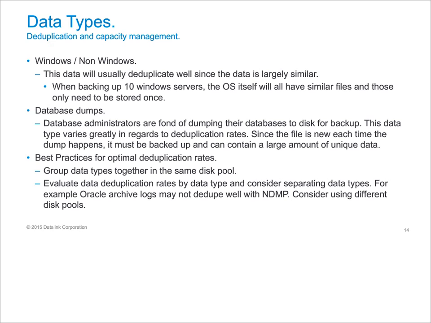Although we're not handling this at a file level, the data within the files is the same, so you're going to get a significantly higher deduplication rate. A good example is if you have 10 servers that are identical, you should see a 10-to-1 deduplication rate. Like operating systems will deduplicate well against each other.